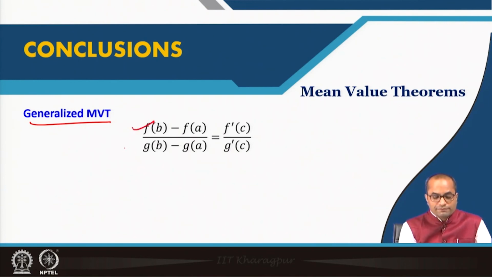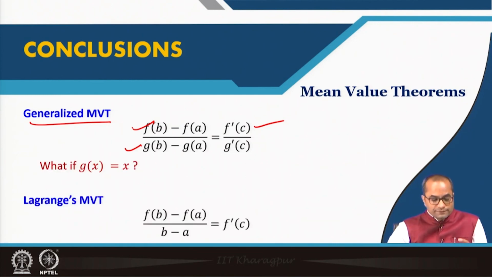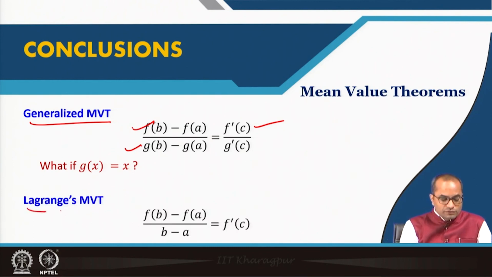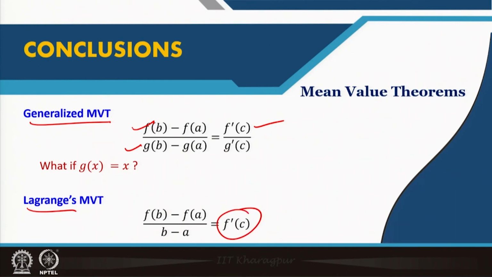So, f b minus f a over g b minus g a is equal to f prime c over g prime c, and if we take g x equal to x, we get another particular mean value theorem, which is called the Lagrange mean value theorem, and the conclusion was that f prime c is equal to f b minus f a over b minus a. So, with this we have completed all three mean value theorems: in lecture 1 Rolle's theorem, and in this lecture the Lagrange mean value theorem and also the Cauchy mean value theorem.